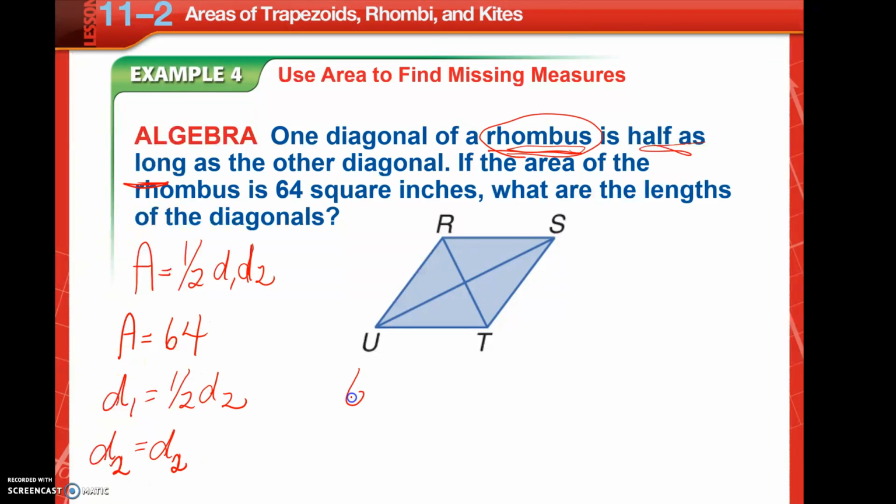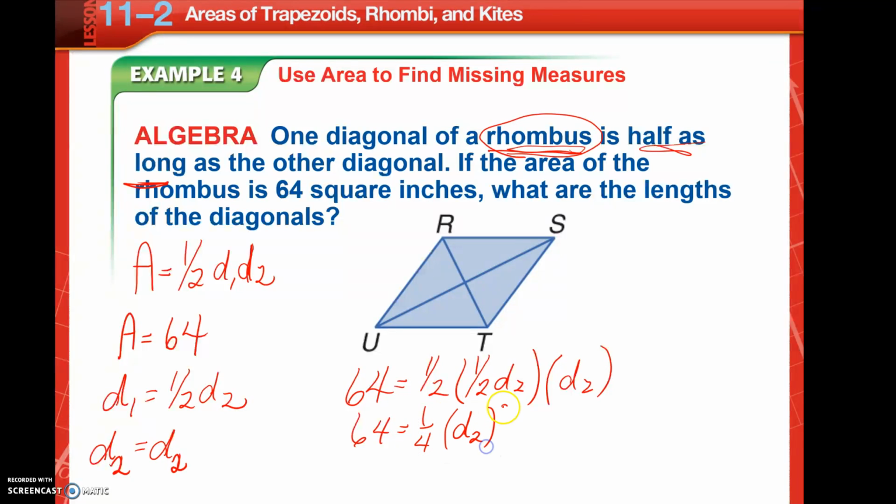So plug all that in. So I'd have 64 equals 1/2 diagonal 1, which is 1/2 diagonal 2, times diagonal 2. So I get 64 equals 1/2 times 1/2 is 1/4, times diagonal 2 times diagonal 2, which is diagonal 2 squared. So we can multiply by the reciprocal of 1/4 to get rid of that. Dividing by 1/4 is the same as multiplying by the reciprocal.